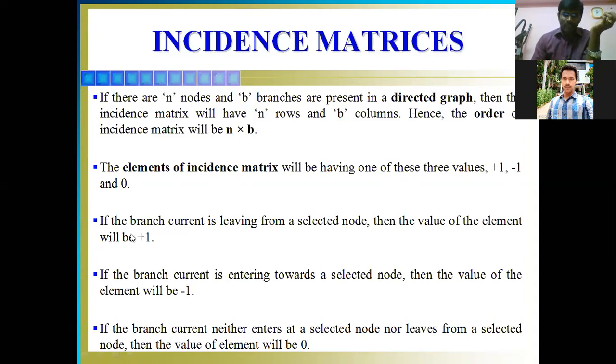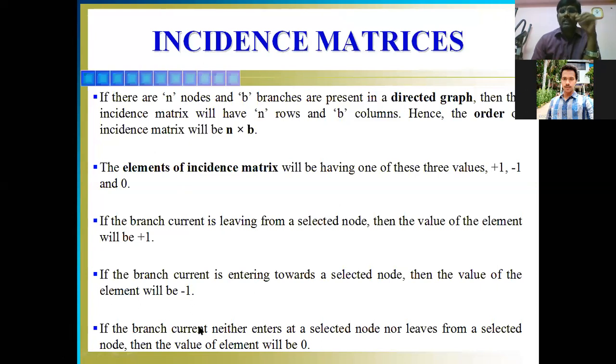Now come to this point. If the branch current is leaving from a selected node, then the value of the element will be plus 1. And if a branch current is entering towards a selected node, then that element value is minus 1.